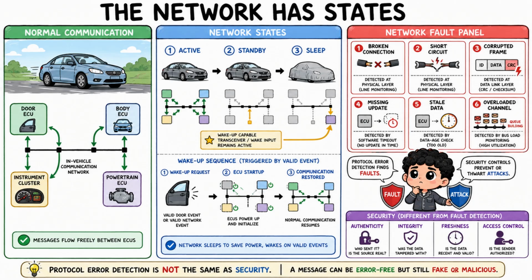A valid electrical frame is not automatically trustworthy application information. Depending on the system threat analysis, communication may require authenticity, integrity, freshness protection, access control, or filtering. These protections are project-specific and must be designed across the complete vehicle architecture.